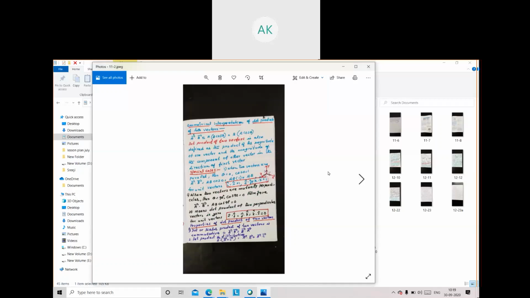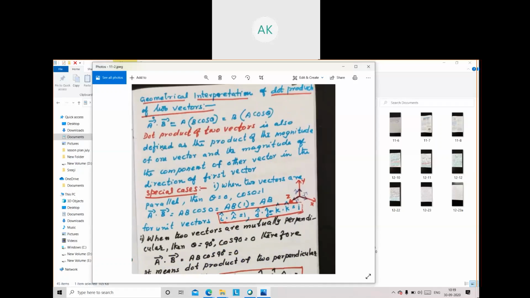So we can express the geometrical interpretation of product of two vectors. A dot B can also be written as A into B cos theta or B into A cos theta. So dot product of two vectors is also defined as the product of magnitude of one vector and the magnitude of the component of the other vector in the direction of the first vector. So what is the geometrical interpretation of dot product?